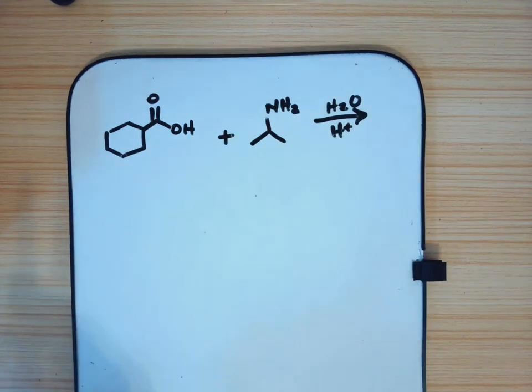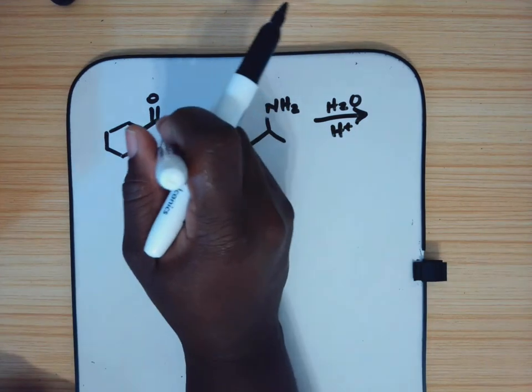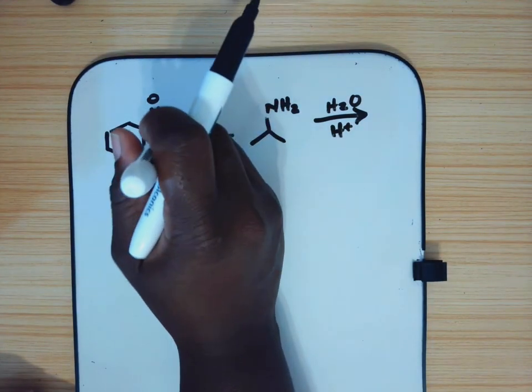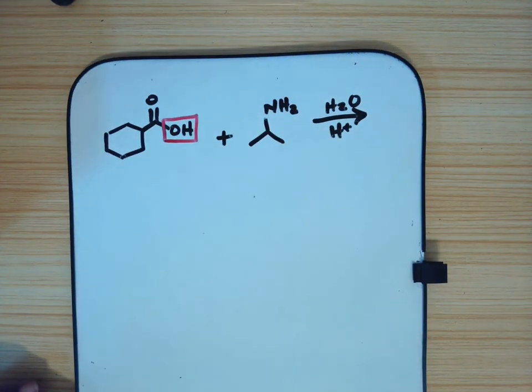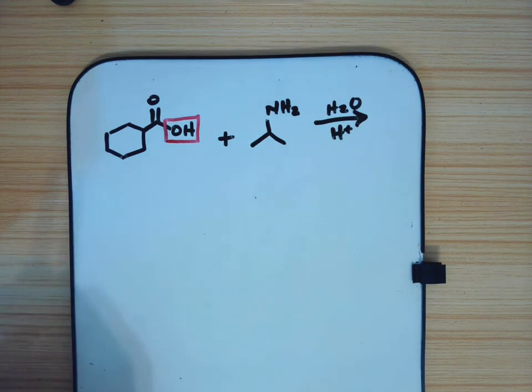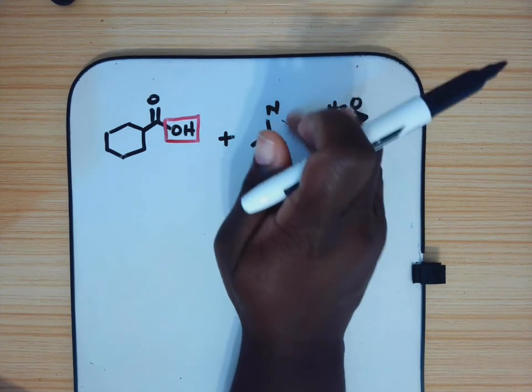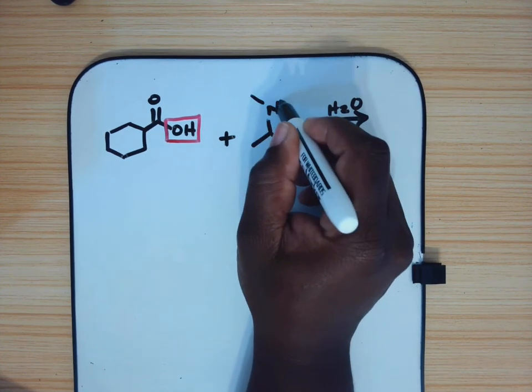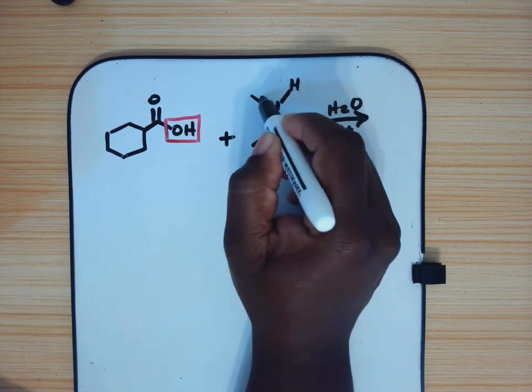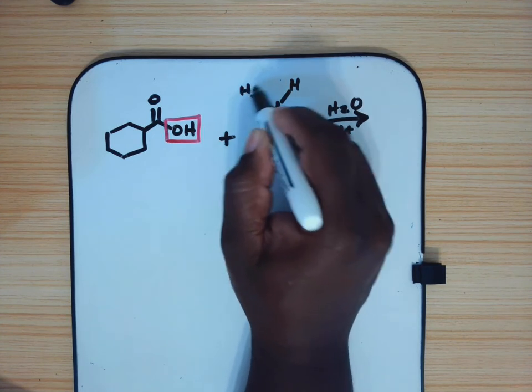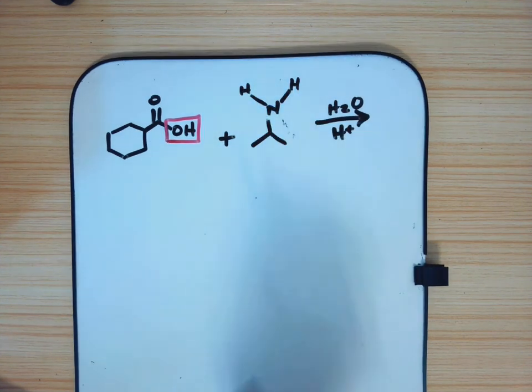We'll still end up losing that OH from our carboxylic acid. But now with that nitrogen of the amine, so that NH2, I'll just go ahead and draw out both hydrogen atoms. NH2 simply means that that nitrogen has two hydrogens attached. So it has two hydrogens and it's bonded to that carbon.